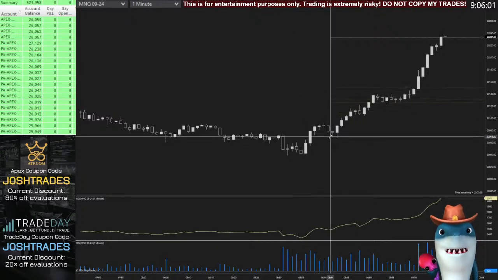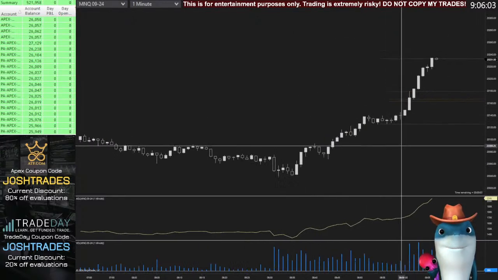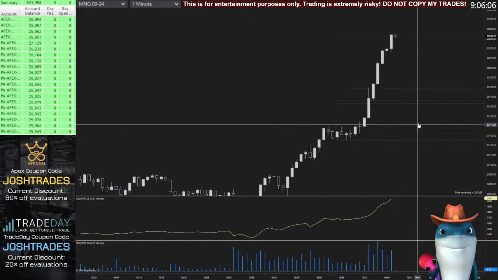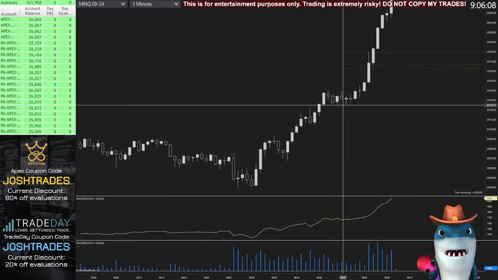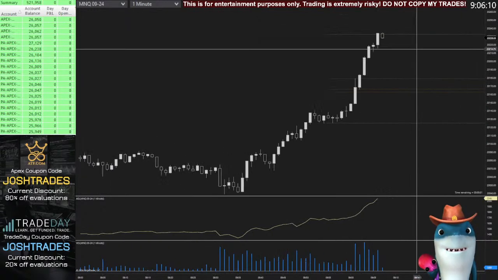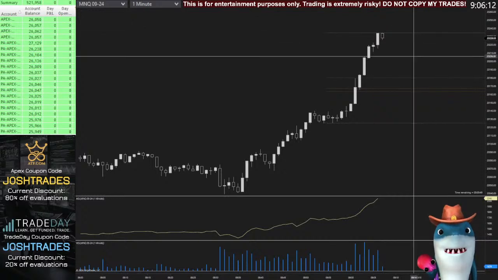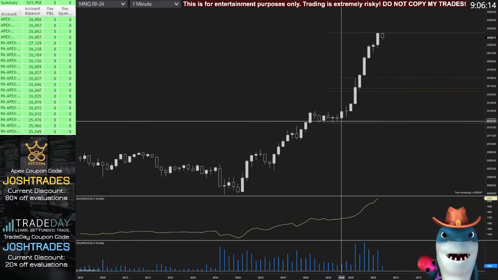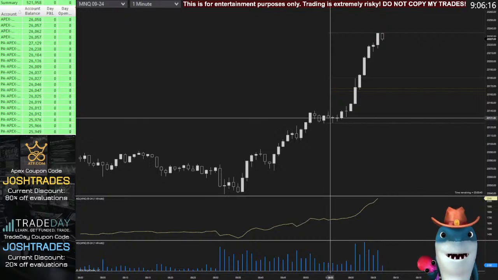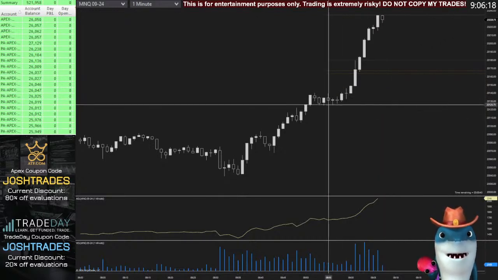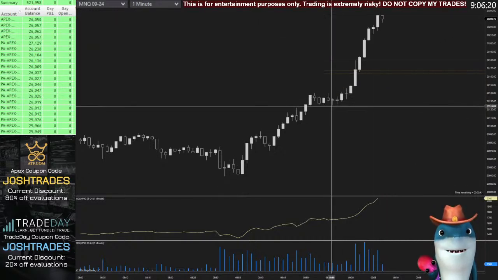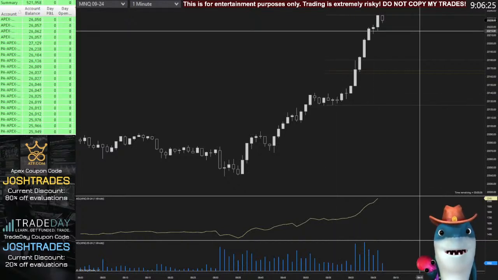If I wanted to, I could even start moving my fibs up a little bit, because this is where the bullish momentum started. So this is almost like a new range right here of all the buyers that stepped into the market.